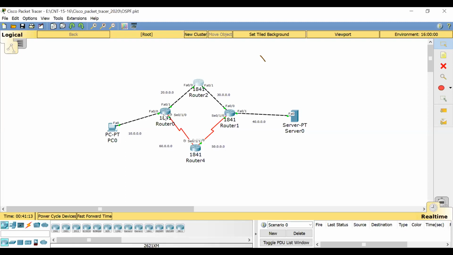But for this interface, I have explicitly set the bandwidth, that is 64, and this is default, 1544. That's why from this router, the cost is 1562 plus this fast Ethernet, that is 100 Mbps, that is 1. So that's why the cost is 1563 here.